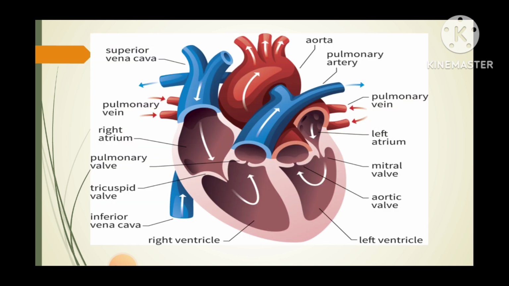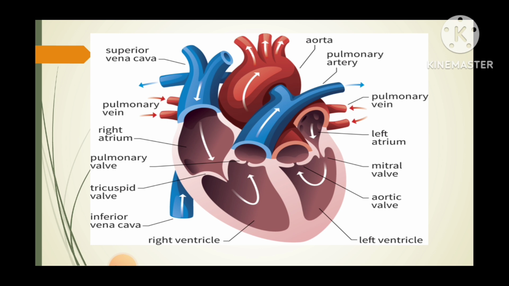So this is the diagram of the heart. We can see the 4 chambers there: the right auricle, the right ventricle, the left auricle, and the left ventricle.